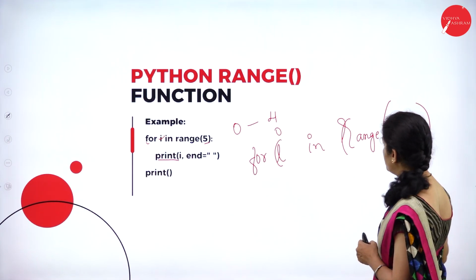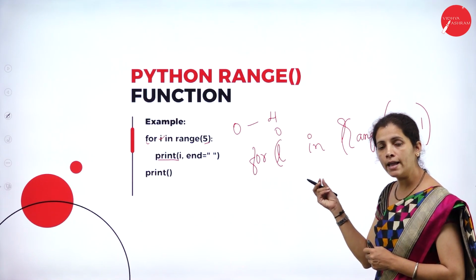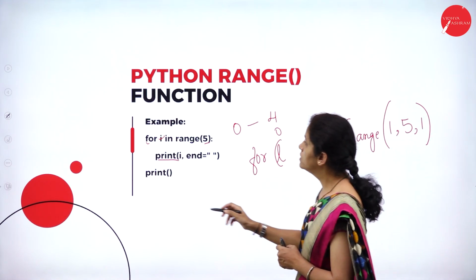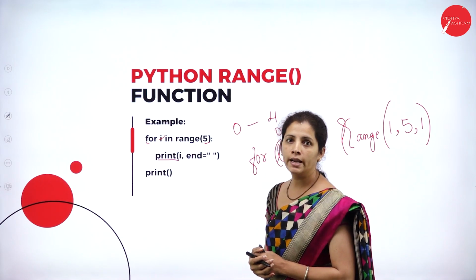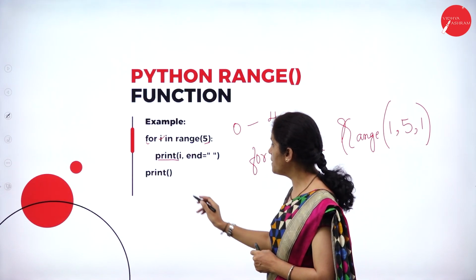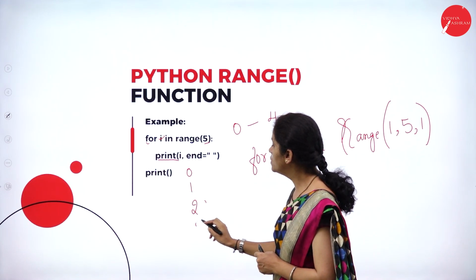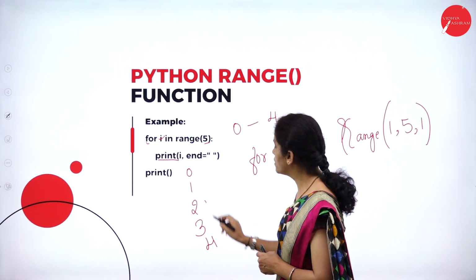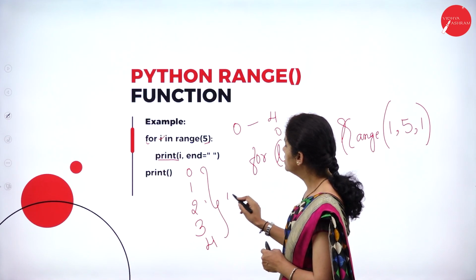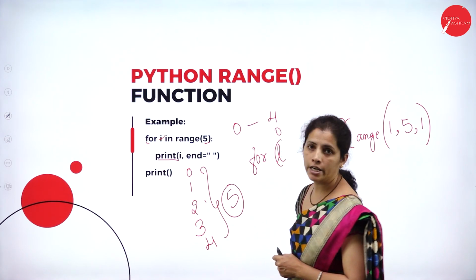By default, it is incremented by 1. Now, what output am I going to get if I run this program? That is 0, 1, 2, 3 and 4. So how many iterations? It is 5 iterations.